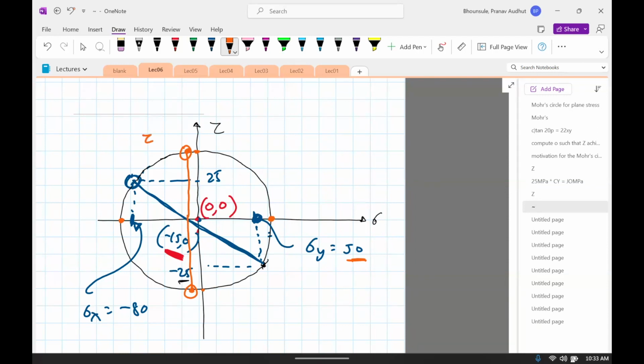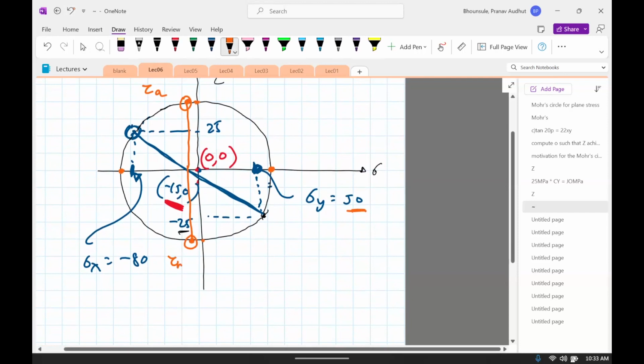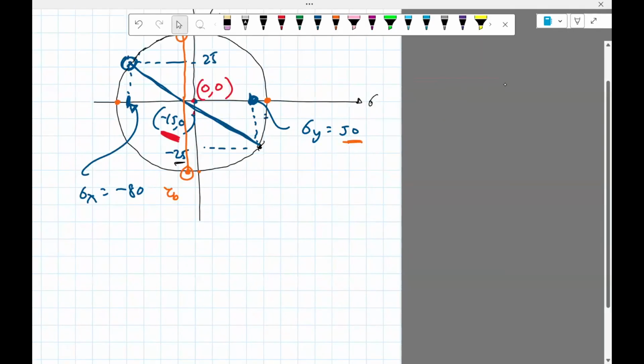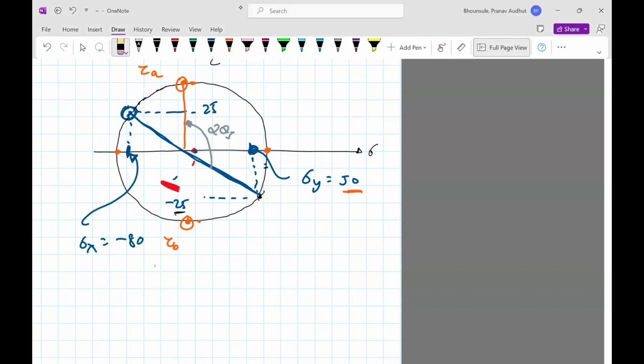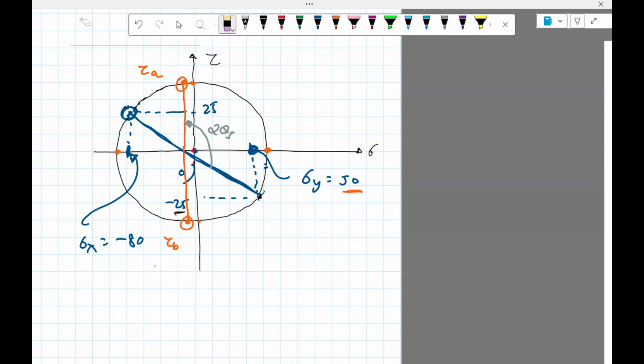This is tau A, tau B, and then the angle is this with 2 theta s. You could also get it the other way, which is from here.